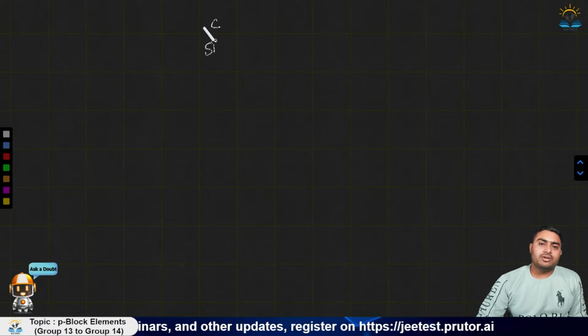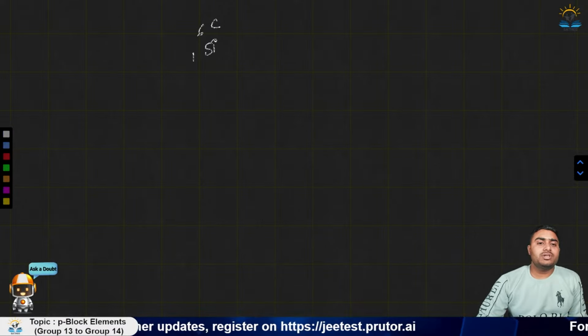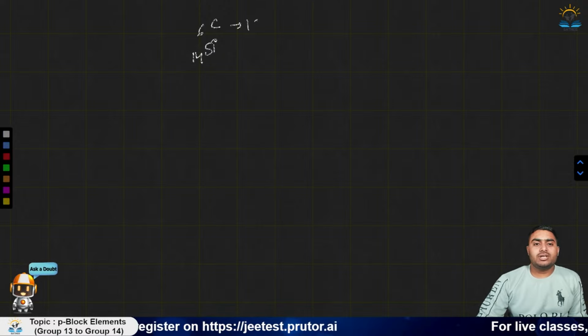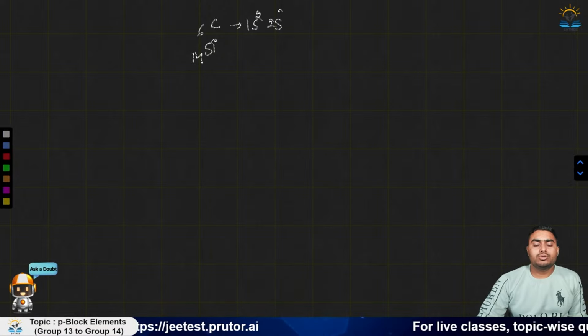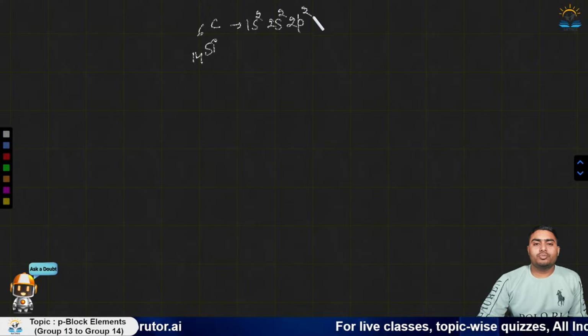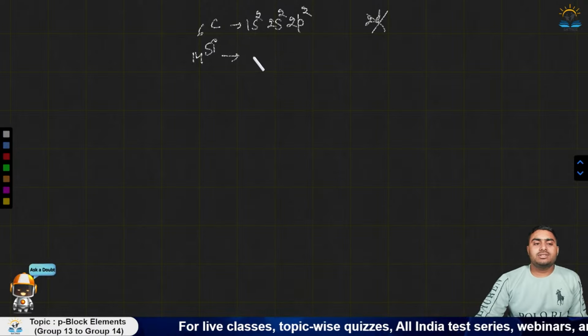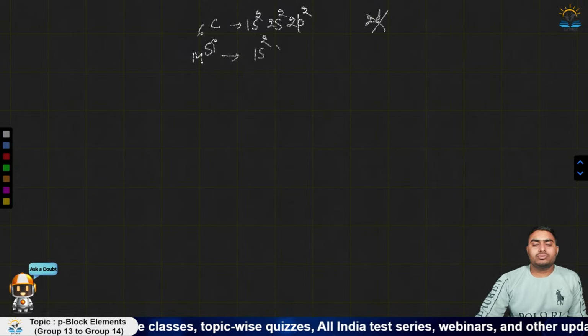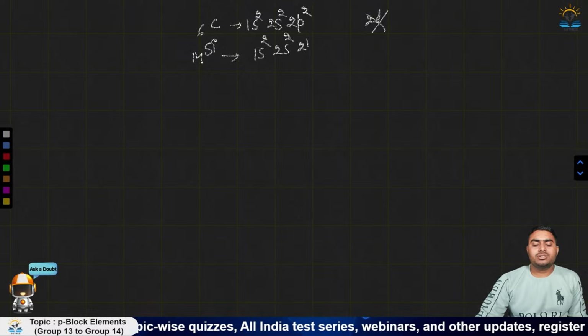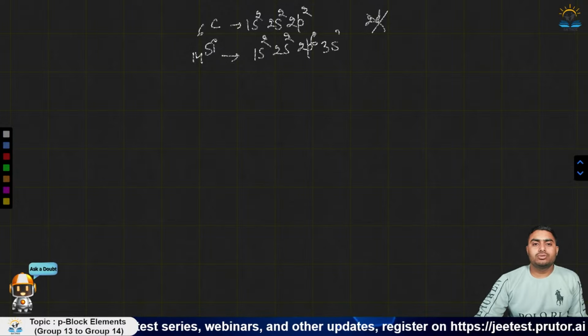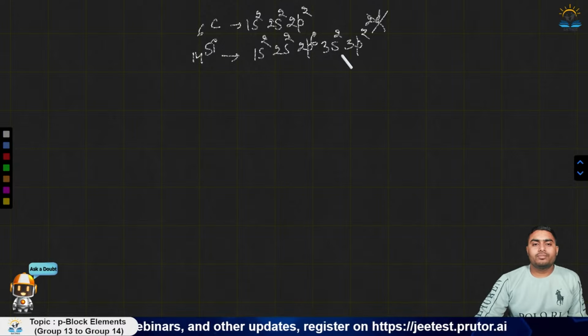Carbon's atomic number is 6, silicon's atomic number is 14. You can see carbon is 1s2, 2s2, 2p2, and there is no 2d here, right? Silicon is 1s2, 2s2, 2p6, 3s2, 3p2, right?